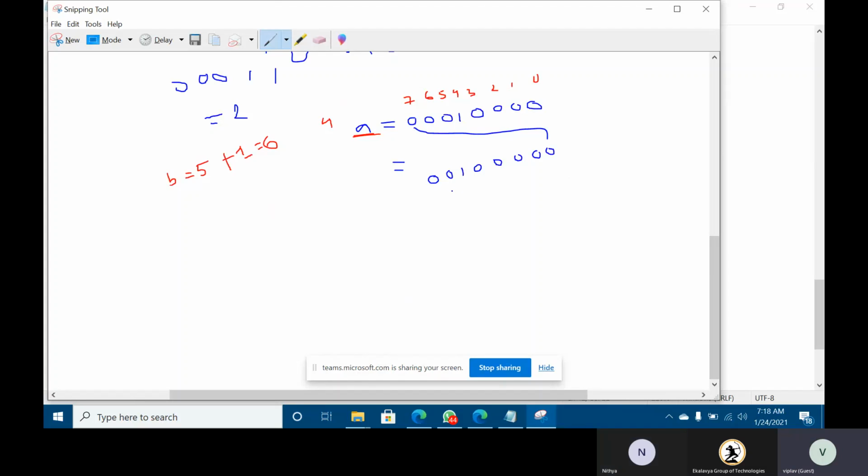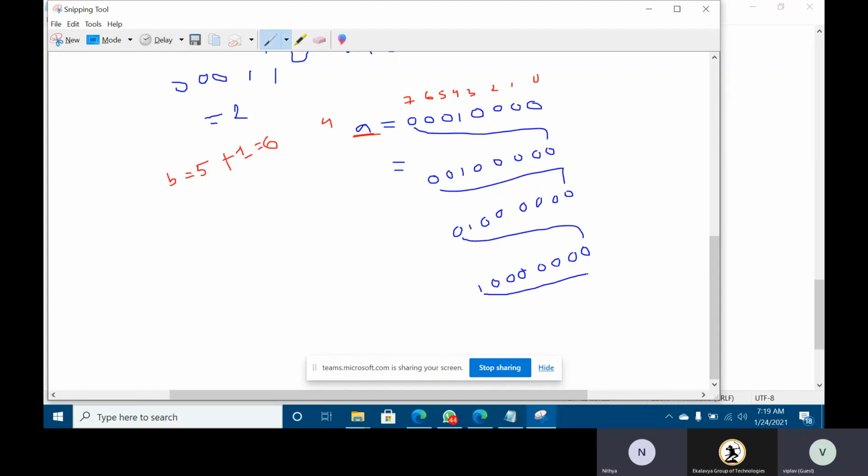Next, the second shift: this becomes here, then 0, 0, 0, 0, then 0, then 0, then 1, then 0. Now again 0, 0, 0, 0, 0, the next 0, the next 1. How many times have we completed? 3 times, 4 times. Yes.